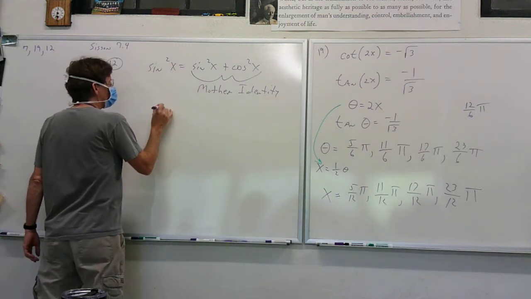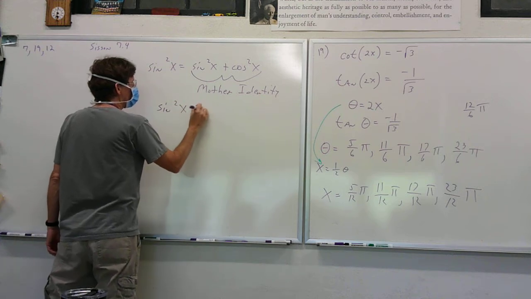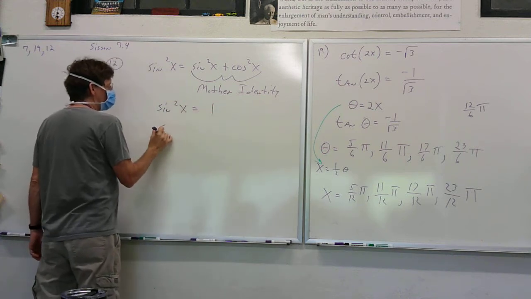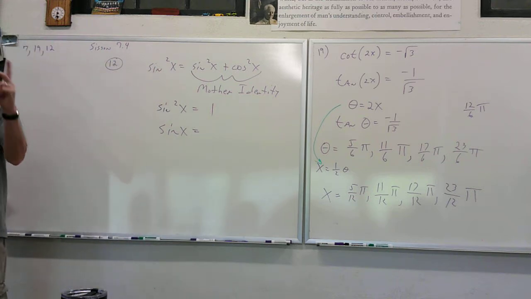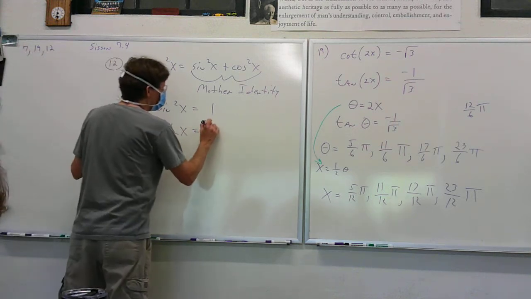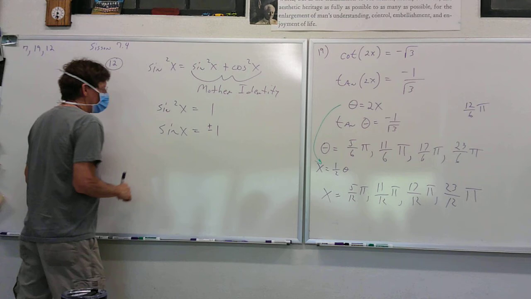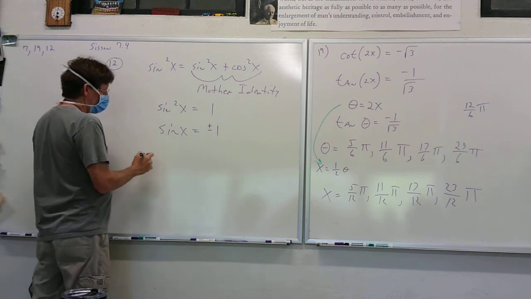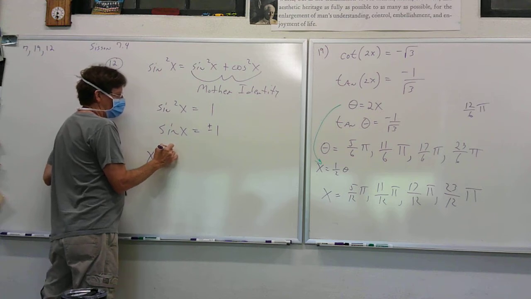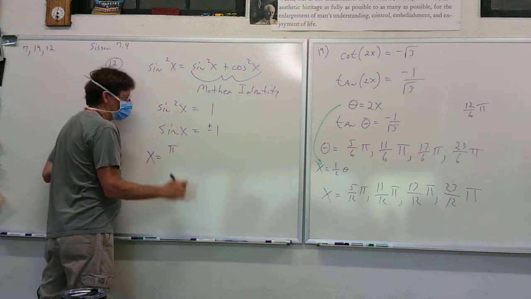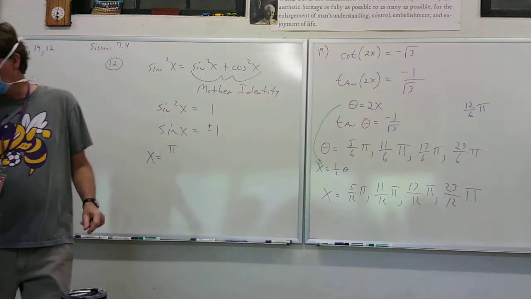Sine squared x equals 1. Get back on track. You're going to take the square root of that 1. When you take the square root of that 1, it's not just a 1, it's a what? Positive or a negative 1, right? Now, you look on your circle and you tell me, where does sine x equal a positive or a negative 1? Nope, not pi over 4. Either your circle's wrong or something.